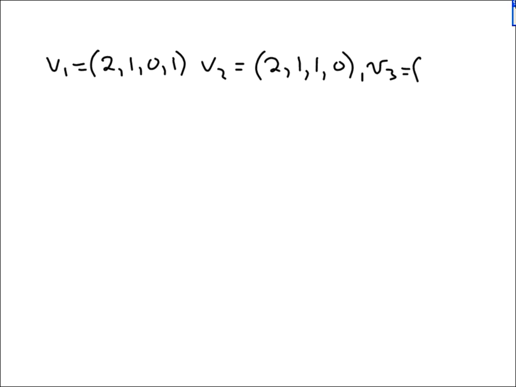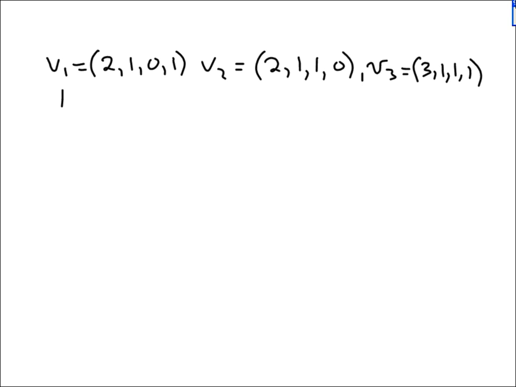Suppose V1 is (2, 1, 0, 1). That one can be arbitrary. The next one, I want it to be that. The third one is a bit more complicated. Well, I want it to be this. I want it to be that.